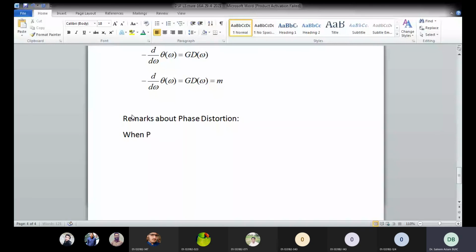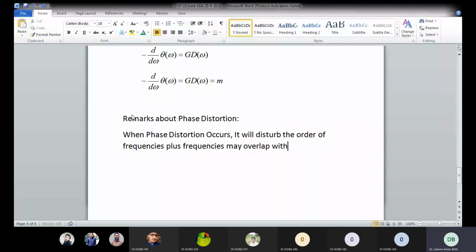When phase distortion occurs, it will disturb the order of frequencies, plus the frequencies may overlap with each other also. Okay, so these are the remarks about phase distortion.